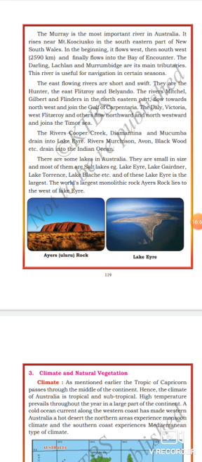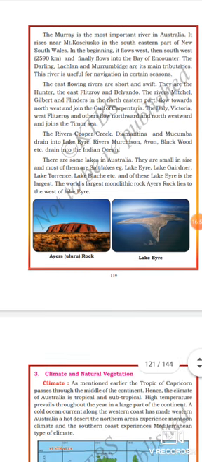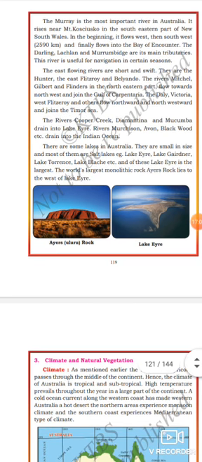The east flowing rivers are short and swift. In the Australian continent, the east flowing rivers are very short. Short means short, and swift means fast. They are the Hunter, the East Fitzroy, and Belyando.